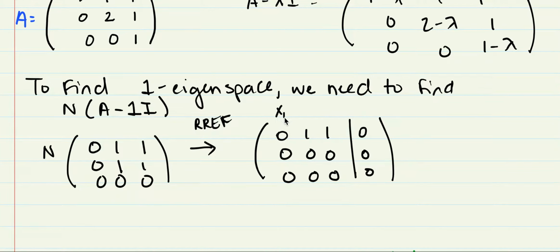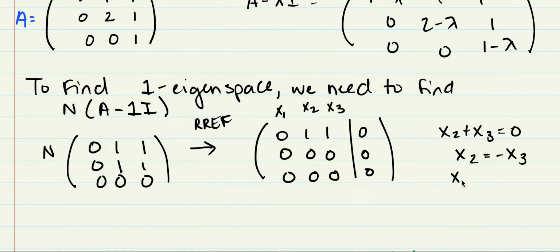Remember, this corresponds to x1, x2, x3. And we see that x2 plus x3 is equal to 0. So x2 is equal to negative x3. And also, there's no restrictions on x1, so x1 is free. And you need to choose one of these to be free, so let's say x3 is free.